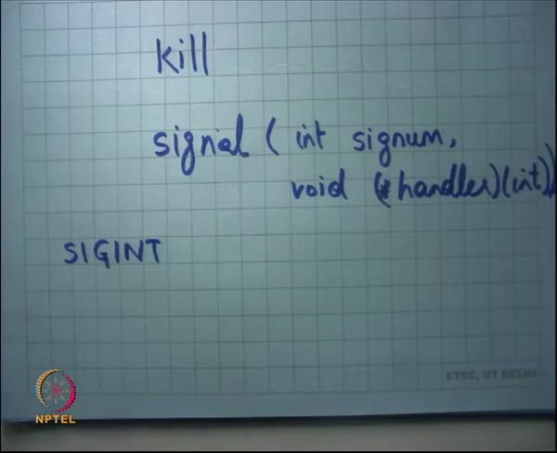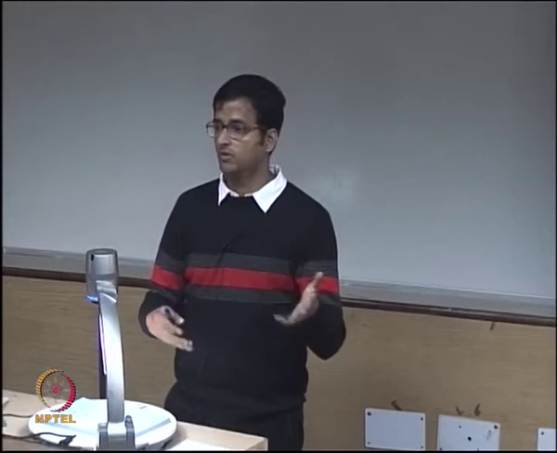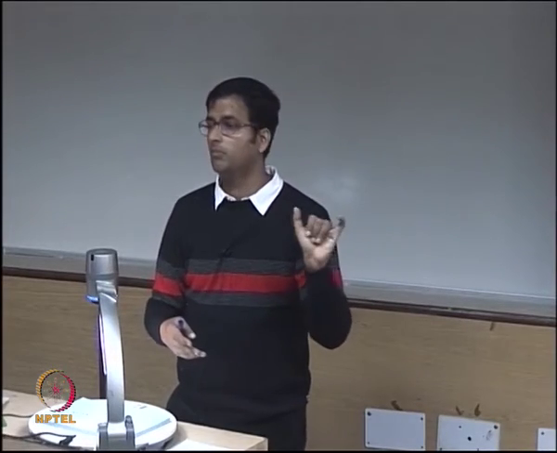That causes an asynchronous function call of the SIGINT handler. The default SIGINT handler will simply call the exit system call, and the process stops. That's why most of the time when you press Control-C, the process just exits.